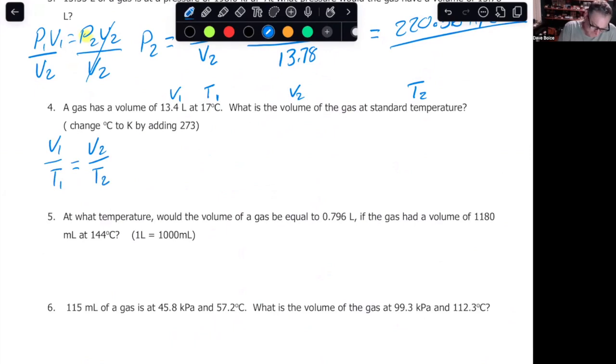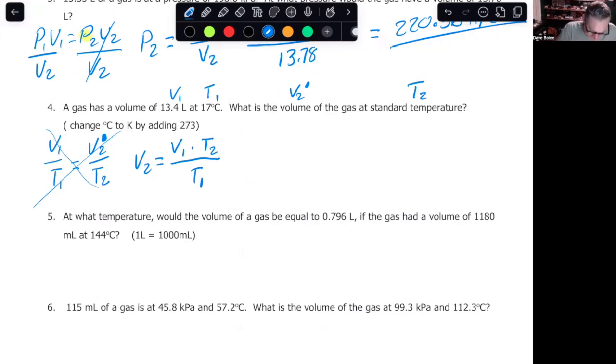Now, what I want is V2, and so I'm going to cross multiply to do this, right? And so that means that V2 equals V1 times T2 divided by T1.